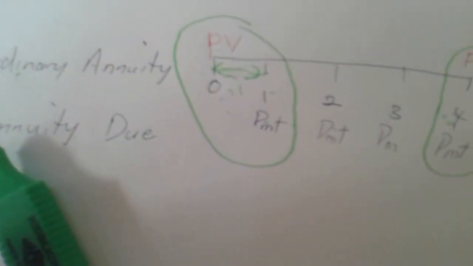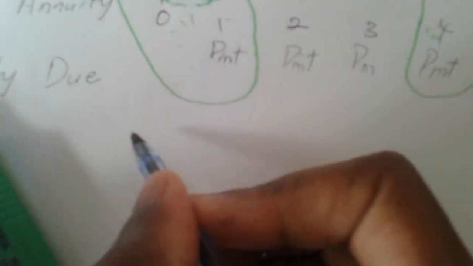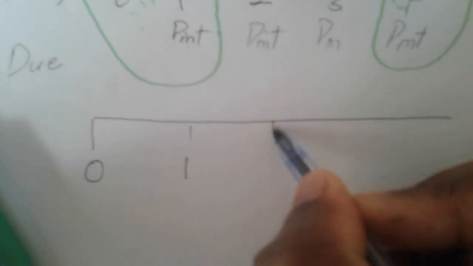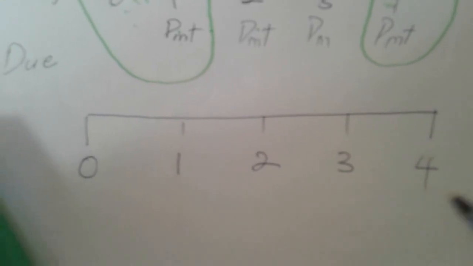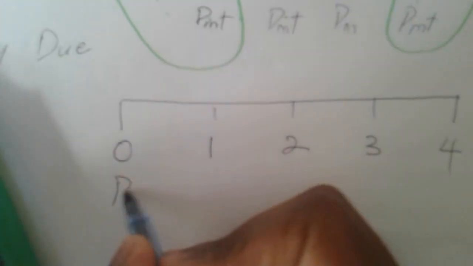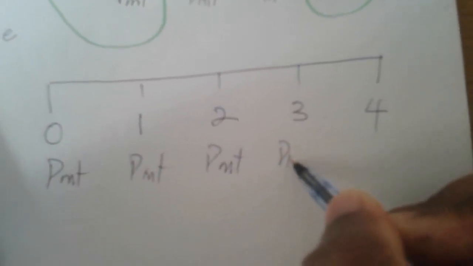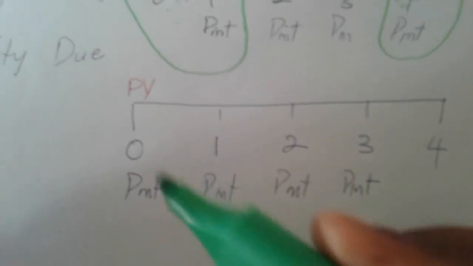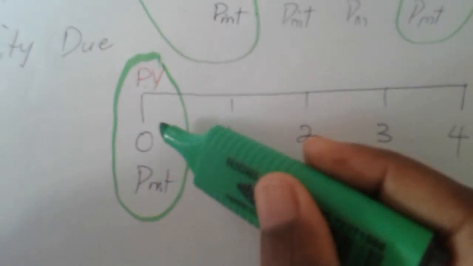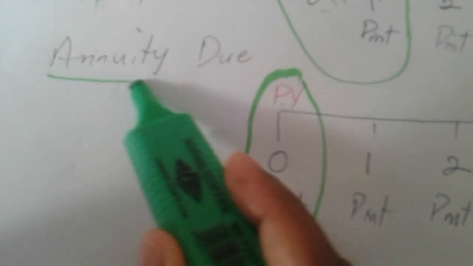Now let's move on to an annuity due. Again, I'll draw another timeline here for an annuity due. 0, 1, 2, 3, and 4. Now I'll put a payment here, payment there, payment there, and payment there. Now I'll start again with my PV. If your present value and your first payment are on the same date, there you go, it means you are dealing with an annuity due.